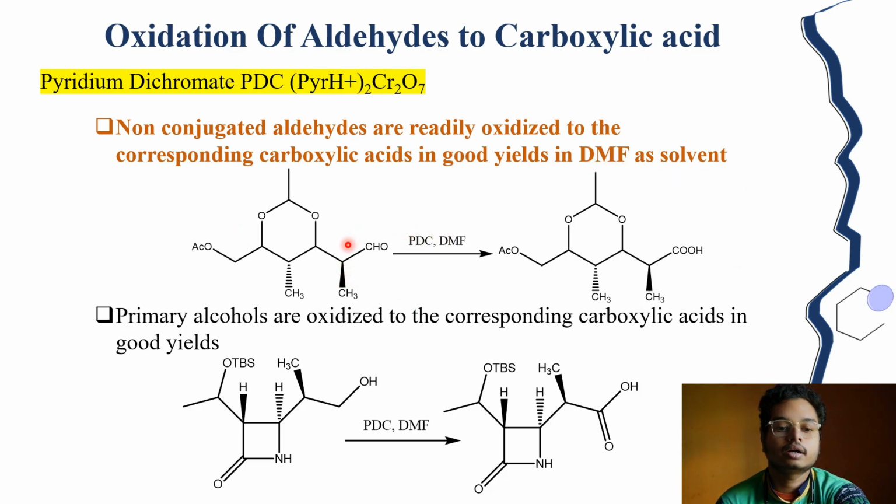So this is our corresponding aldehyde. With PDC in DMF, it moves towards the acid. And as I discussed, primary alcohols are oxidized to their corresponding carboxylic acids in good yields. So here this is the primary alcohol. It reacts with PDC in DMF. As we know that DMF contains water, which accelerates the reactivity of PDC, so direct primary alcohol to acid conversion is observed.